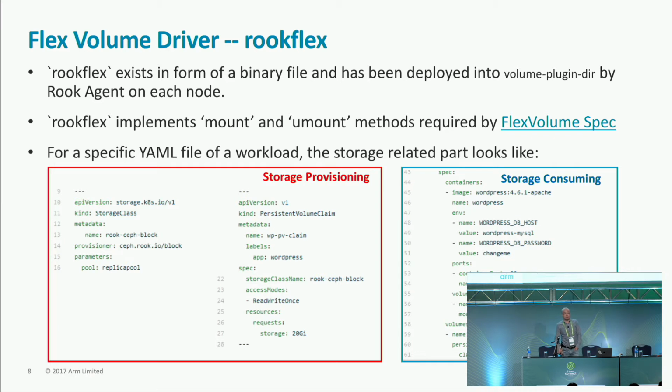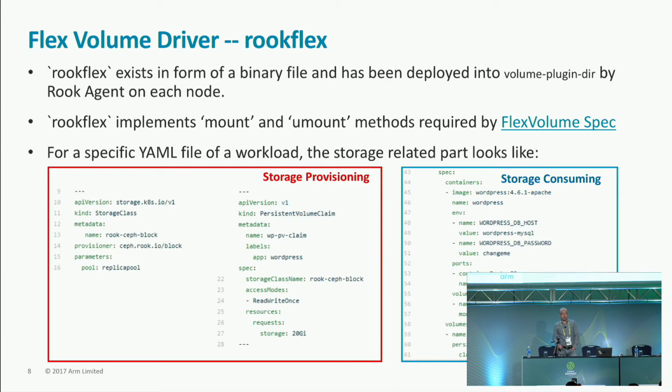In this slide we will describe the flex volume driver, the Rook flex. Rook flex exists in the form of a binary file, and has been deployed by the agent into the volume plugin directory. We have mentioned that in the previous slides. Deploying into the volume plugin is very simple.